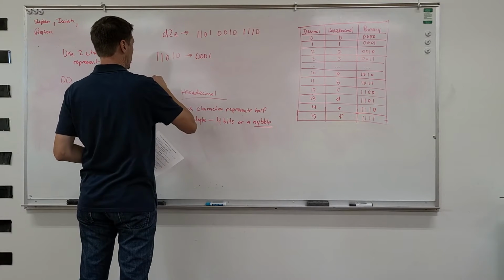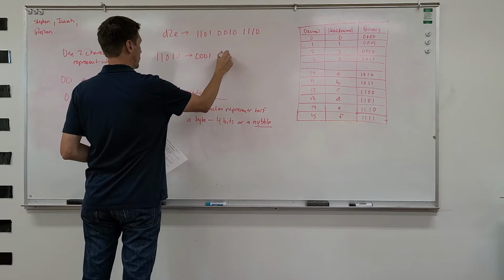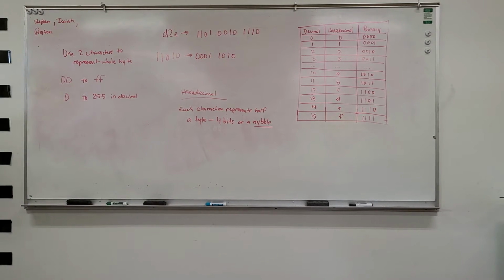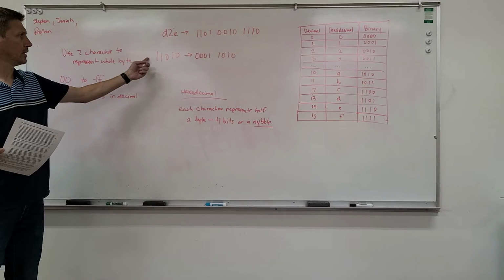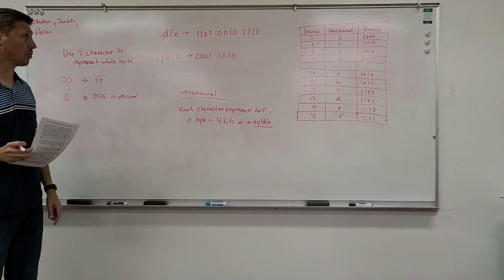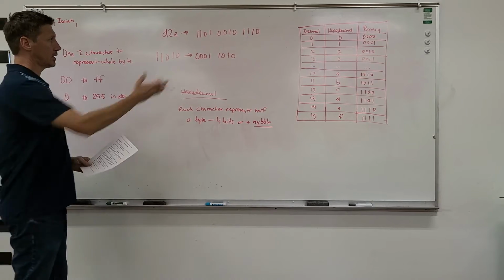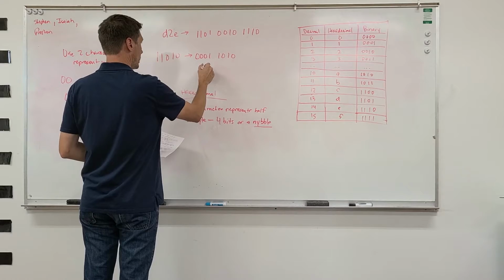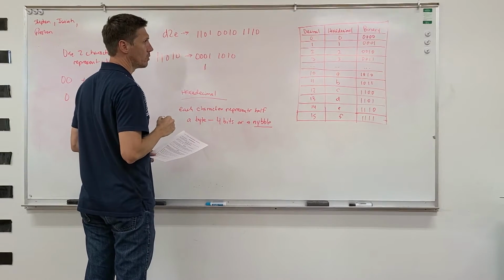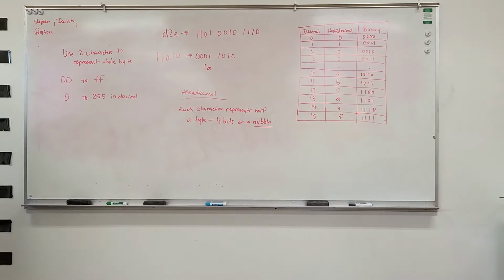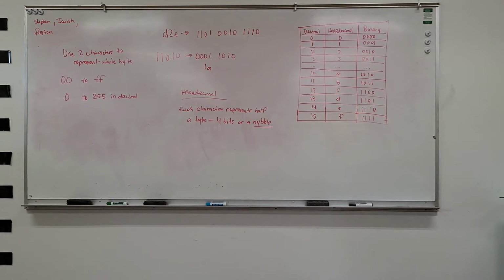So the first half of it would be 0, 0, 0, 1, and then 1, 0, 1, 0. Everybody see what I did there? I just put enough zeros on the front so that instead of having 5 digits, we had 8, and then we could bust it up into groups of 4. And then I can again just look at my chart and say 0001 is 1, and 1010 is A. So that would be how I would convert that from binary to hexadecimal.